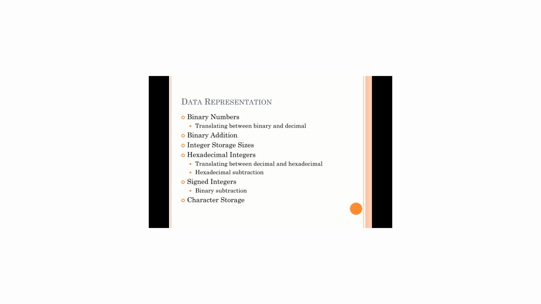Integer storage sizes. And then we are going to discuss a 16-based number system called hexadecimal, how to represent integers using hexadecimal numbers, how to translate between decimal and hexadecimal, and hexadecimal subtraction.